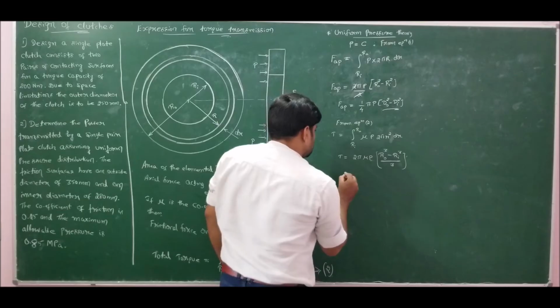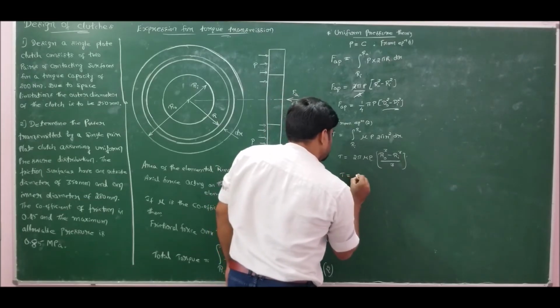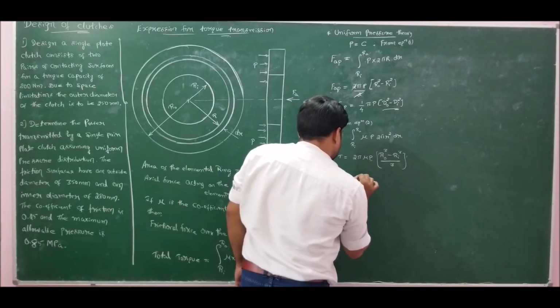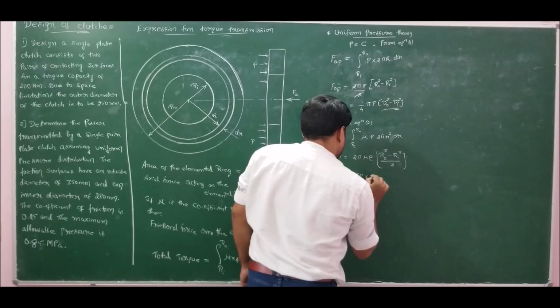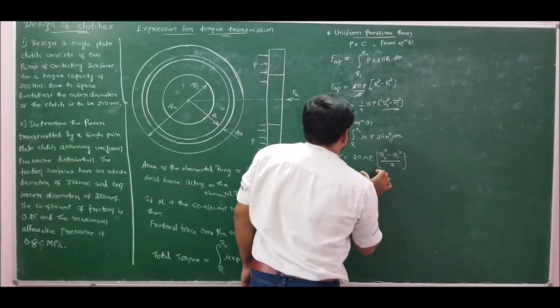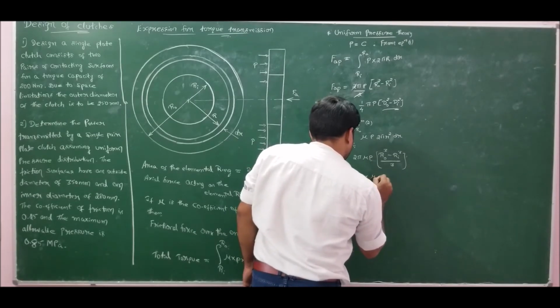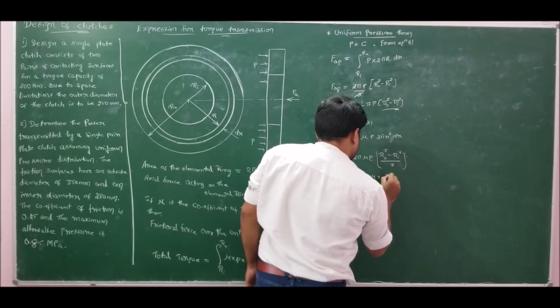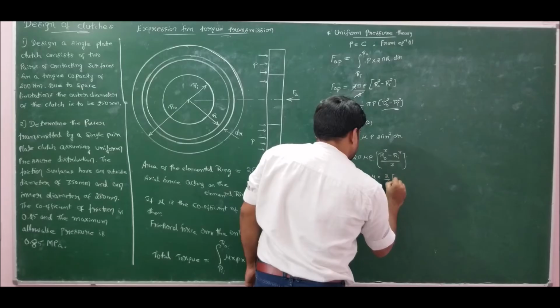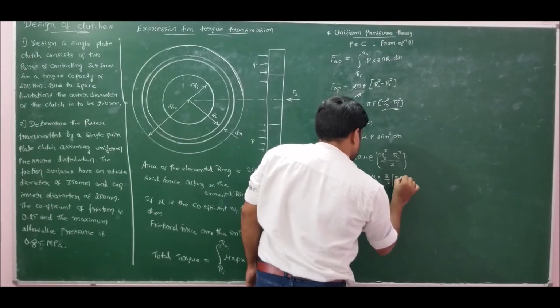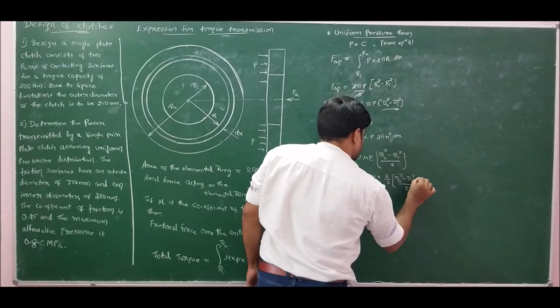So therefore, if I write it for r naught cube in terms of diameter, I am left with T is equal to pi times P, I'll take out mu times 2 by 3 of d naught cube minus di cube divided by 8.